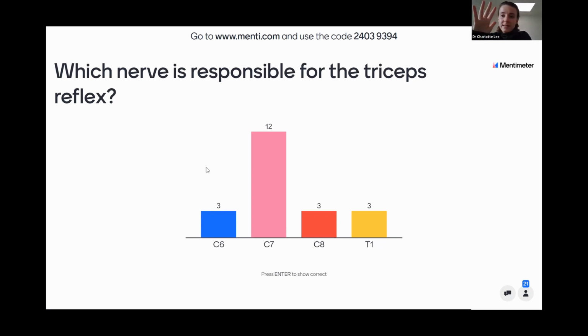Your T1 is your abduction of your fingers, C8 is flexion of the fingers, and then C7 is your triceps. Okay. So the correct answer to that, well done most of you, is C7.